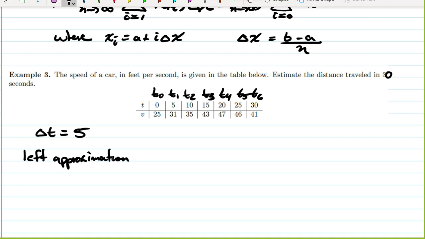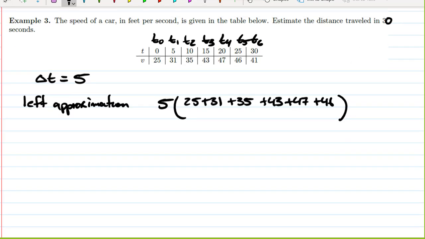So then our left approximation is going to be my delta t times my outputs at the left endpoints. That's going to be 25 plus 31 plus 35 plus 43 plus 47 plus 46, and not 41, because I only go to n minus 1.